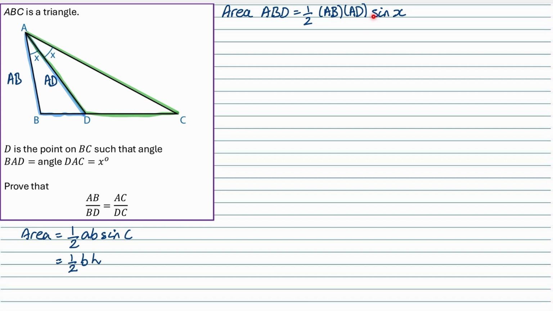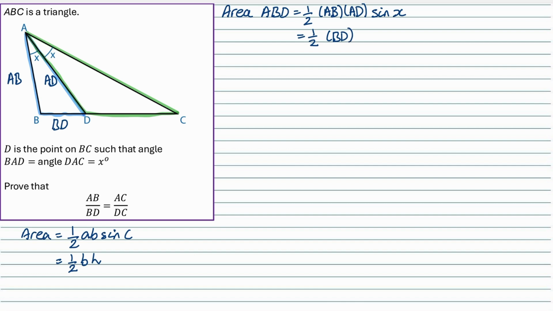Now we can compare this to the other method for finding the area of the same triangle. This time the base would be the length B to D. So I'll include this on the diagram as well. So this will be 1/2 of the base times the perpendicular height.